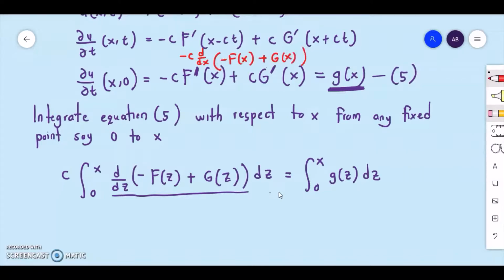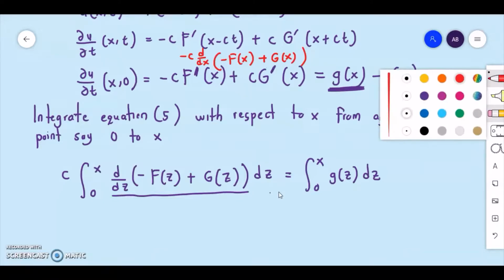So that means the derivative of this thing. That's why I have the derivative with respect to z, negative fz plus gz, and don't forget we are integrating with respect to z.